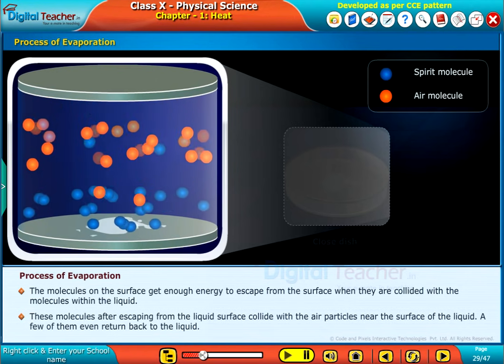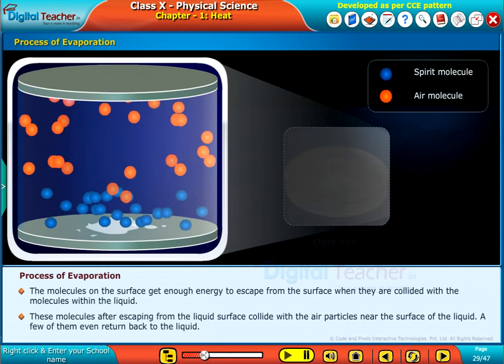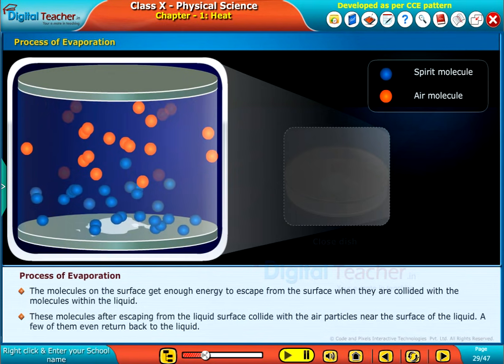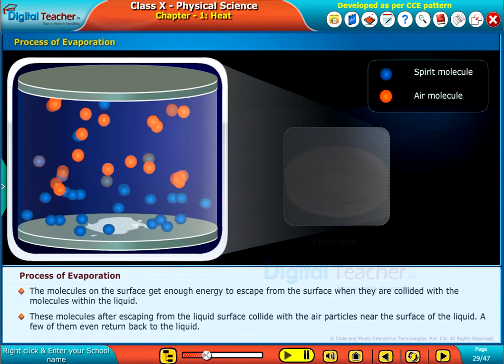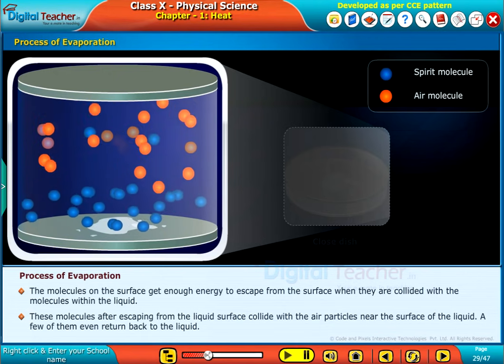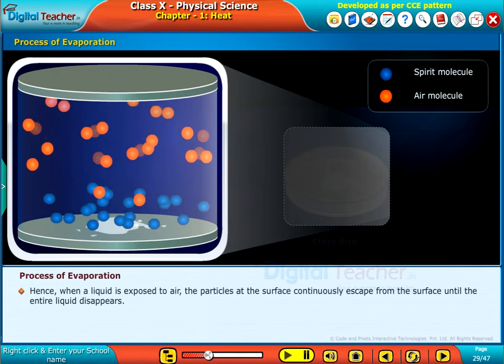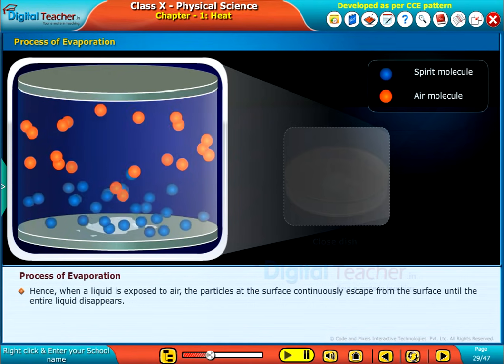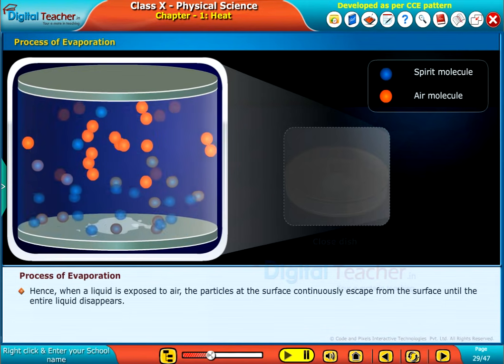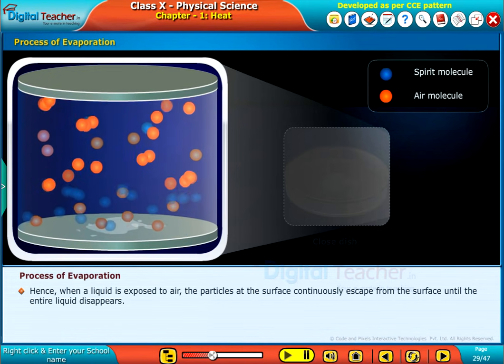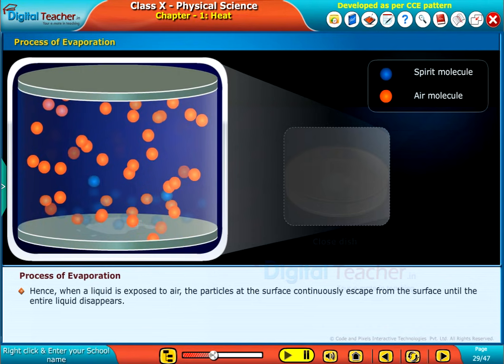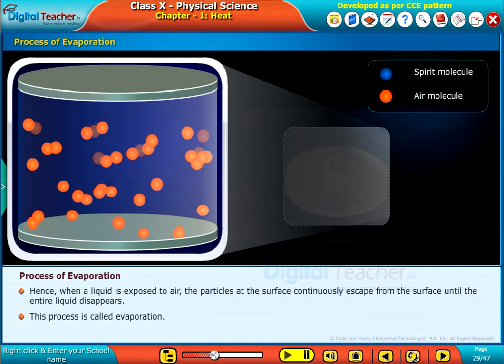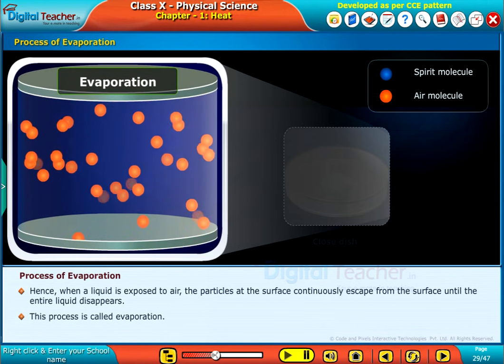These molecules, after escaping from the liquid surface, collide with the air particles near the surface of the liquid. A few of them even return back to the liquid. Hence, when a liquid is exposed to air, the particles at the surface continuously escape from the surface until the entire liquid disappears. This process is called evaporation.